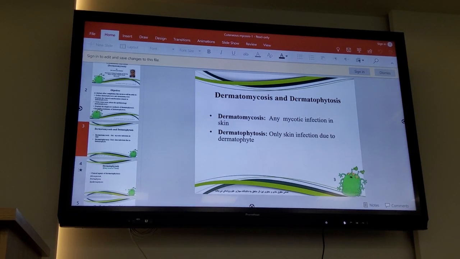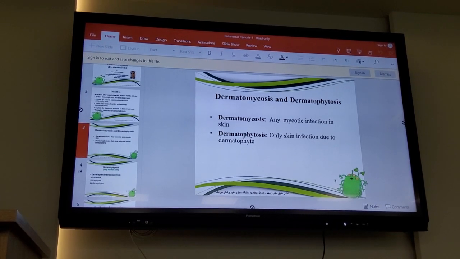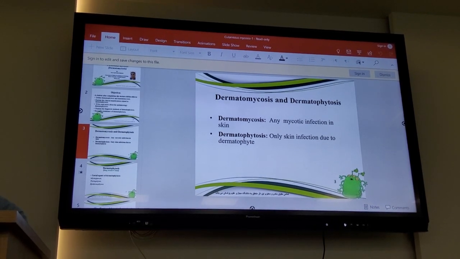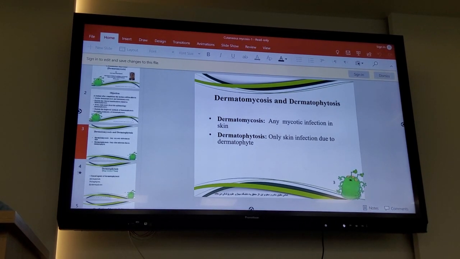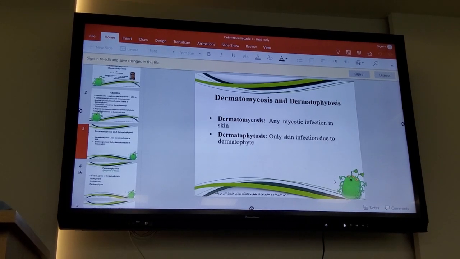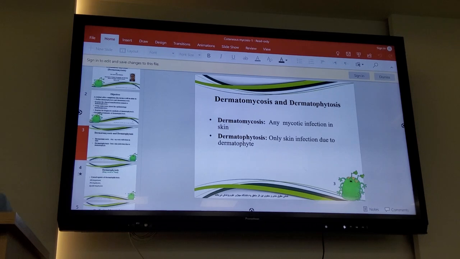Therefore, we begin to explain dermatomycosis or dermatophytosis or cutaneous mycosis. Cutaneous mycosis means every mycotic infection.